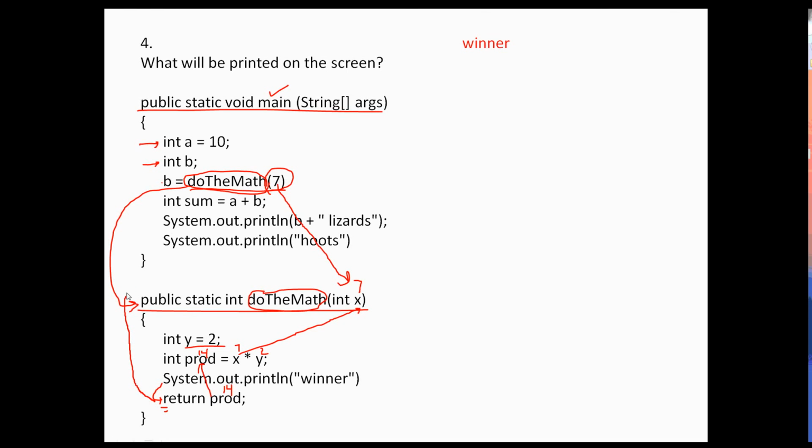So you go over here to the method call because that's where it's returned, and you replace the method call with 14, which gives you a nice easy statement. B is assigned 14. That's simple. B is 14.